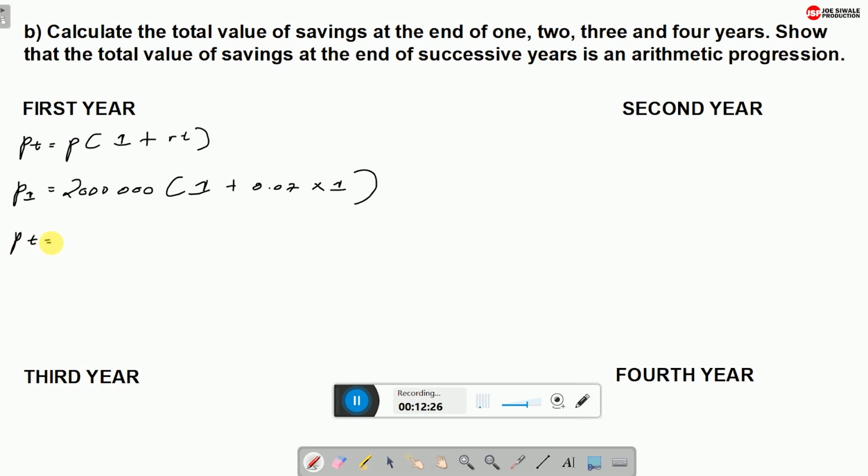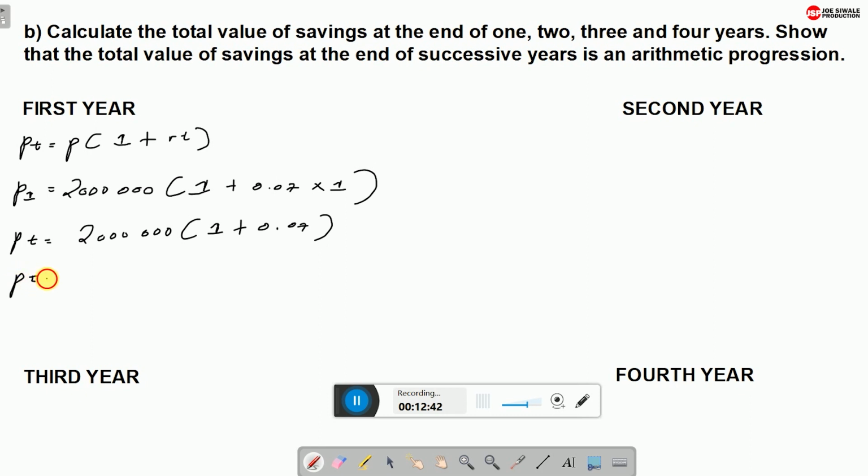So P1 is equal to 2 million, open bracket 1 plus 0.07 multiplied by 1, which is 0.07.